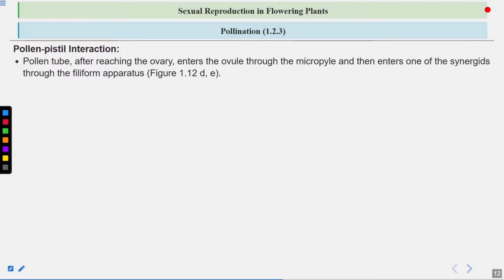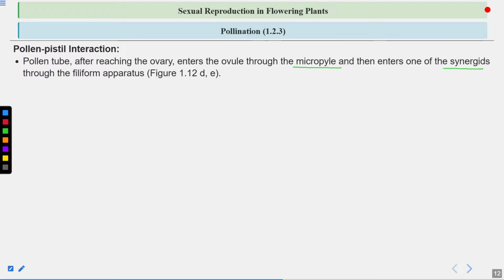Pollen tube after reaching the ovary enters the ovule through the micropyle and then enters one of the synergids through the filiform apparatus. So two things you must remember here, the micropyle. Why is this micropyle there? The micropylar pore is there so that the pollen tube can enter through this point and enter one of the synergids.